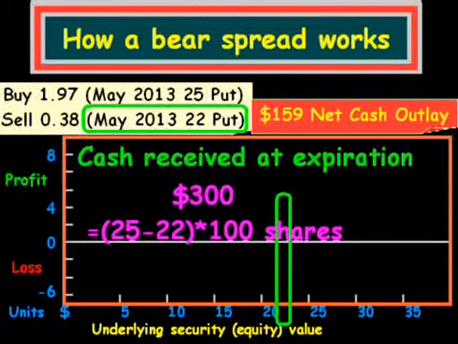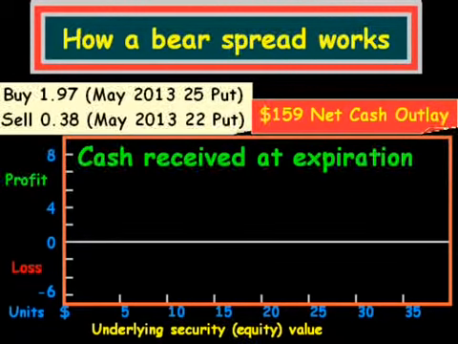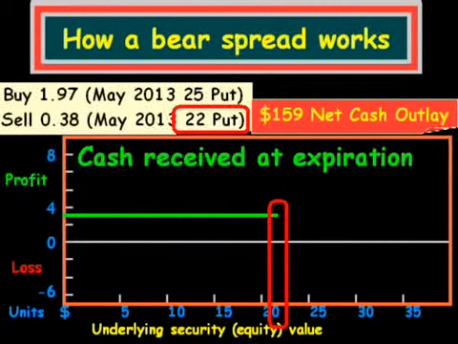That $300 comes from the difference between the 25 put and the 22 put, times 100 shares. So the maximum we can make is 3 times 100, which is $300. We'll graph that up to the 22 point.